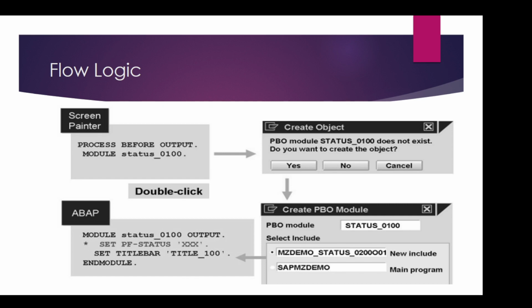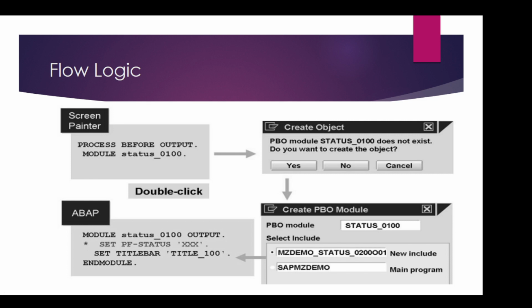Now we have to discuss the flow logic part, which is very important for every screen and every screen behavior, for any result we want to achieve using SAP screens. The backbone of every SAP application or every screen is the flow logic.